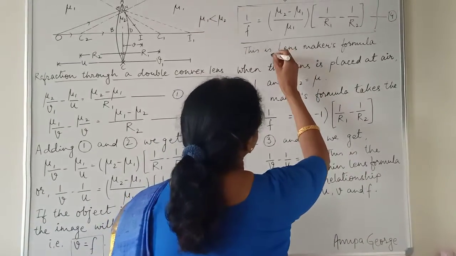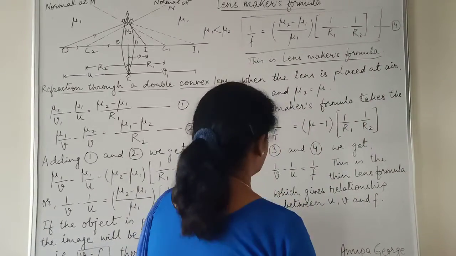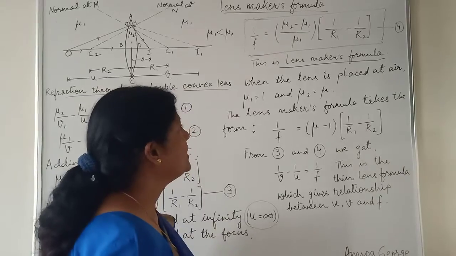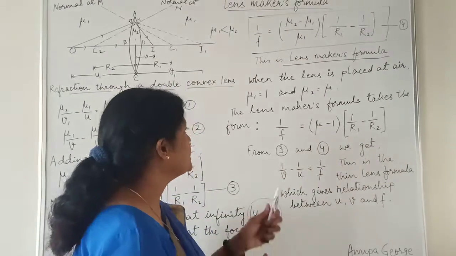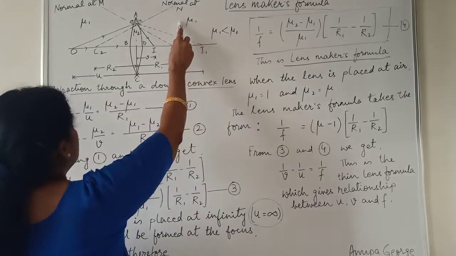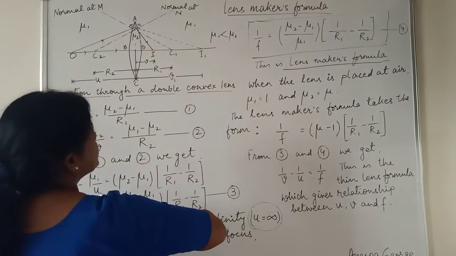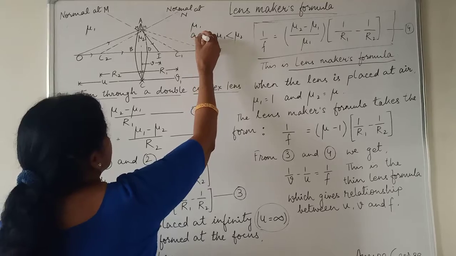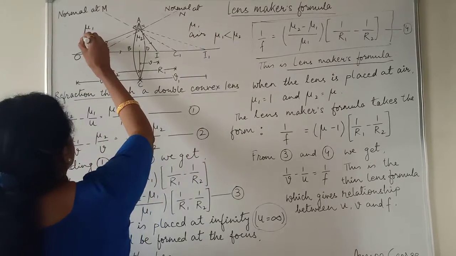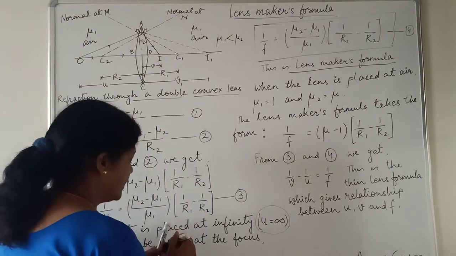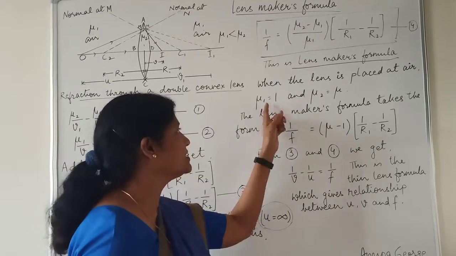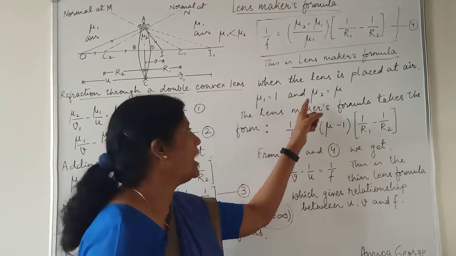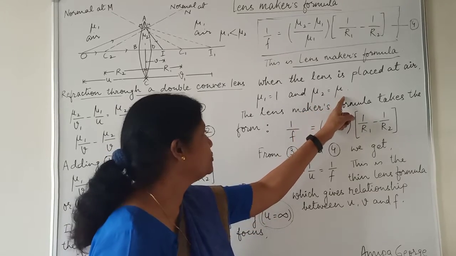Now, suppose the lens is placed in air. In that case, we will consider mu1 is equal to 1 and mu2 is equal to mu.